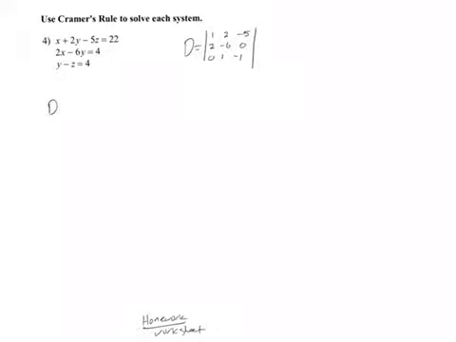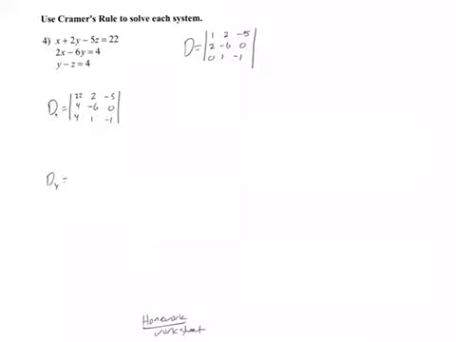D sub x is going to equal this thing up here, except with 22, 4, 4 in it: 2, negative 6, 1, negative 5, 0, negative 1.